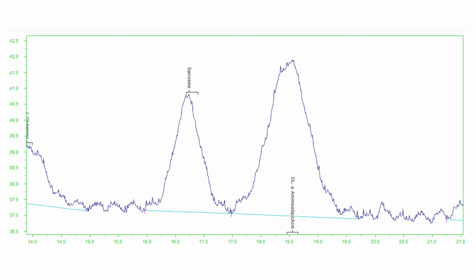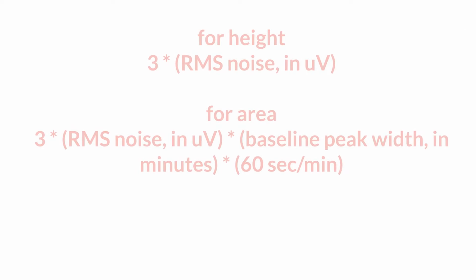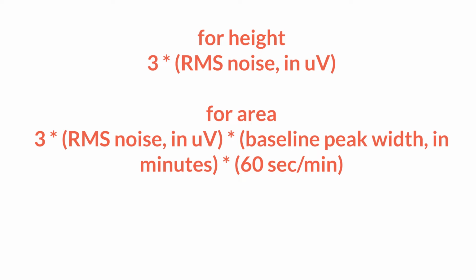When quantifying by area, this is equal to the product of the peak noise and the baseline peak width, in seconds. The peak noise is difficult to measure but is usually less than 3 times the RMS noise. Therefore, the formulas for estimating excess response are: for height, 3 multiplied by RMS noise, in microvolts.